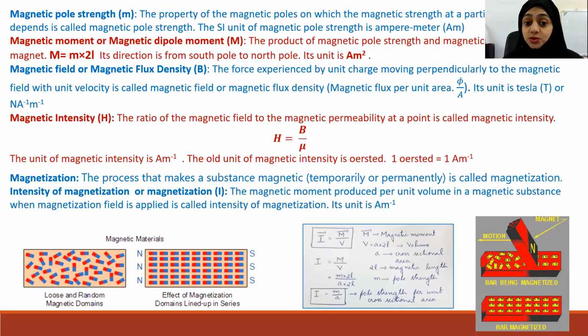And the permeability in vacuum, you have already learned it is 4 pi into 10 raised to minus 7. For any other medium, it will be a different quantity. So if it is inside a material, you will have to use this equation with the permeability of that particular material. And the unit of magnetic intensity is ampere per meter. And it is also called oersted.